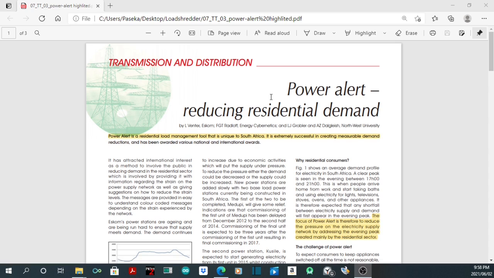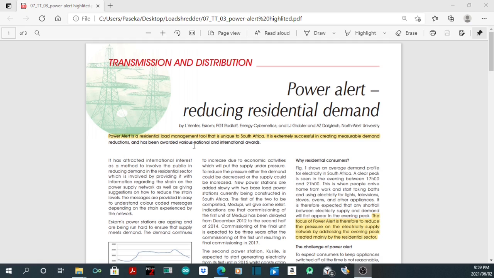And Power Alert is something that's quite unique in South Africa, but most people only ever see it on television, where they're getting these warning systems about the grid strain and being told what to switch off and switch on. But I went ahead and looked deeper and found that there was some more information about this.